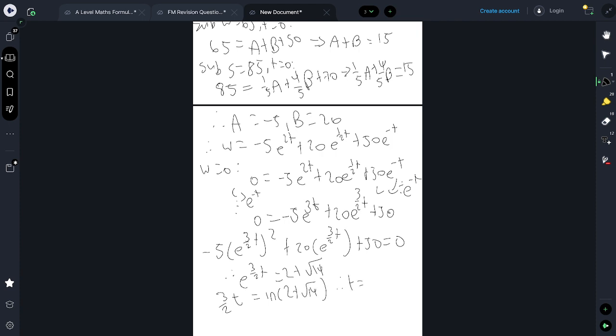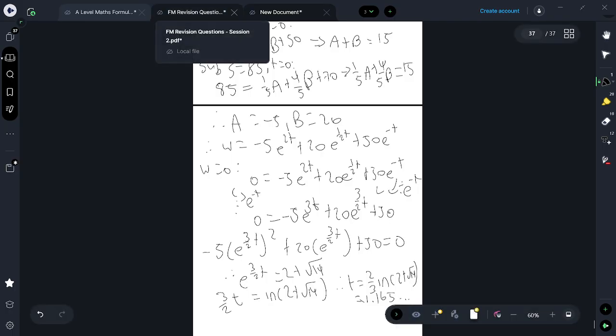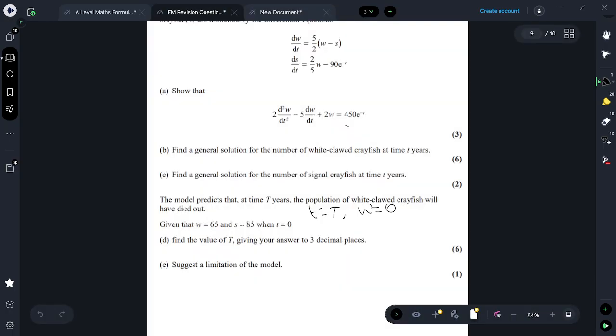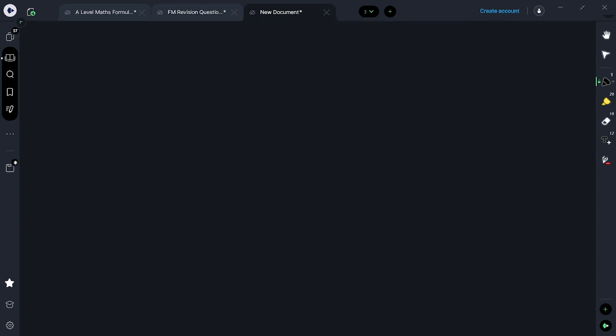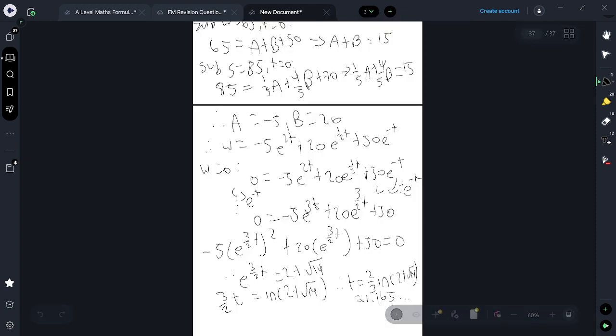Therefore, t is 2/3 ln of 2 plus root 14, which is 1.165 something. Is that in years? In years, okay, that makes sense. So it's 1.165 years, right? And so that's the whole question, right? Lovely. So that's big T, I should probably say. That's the value of big T.